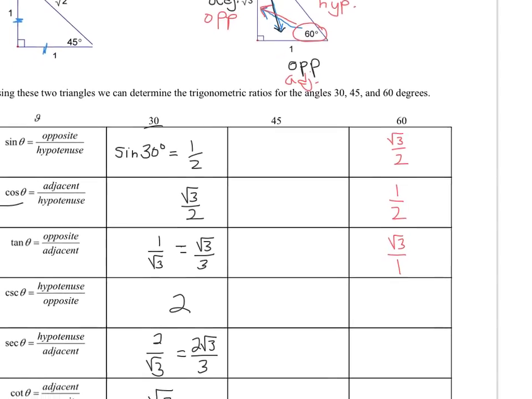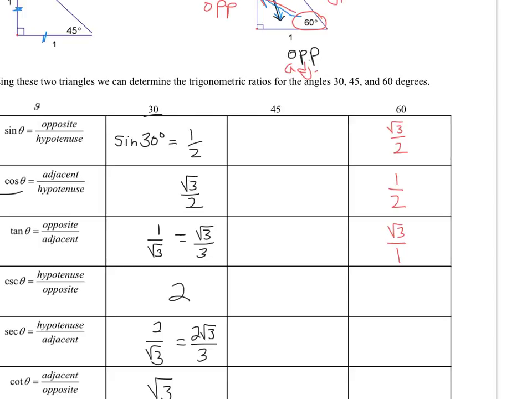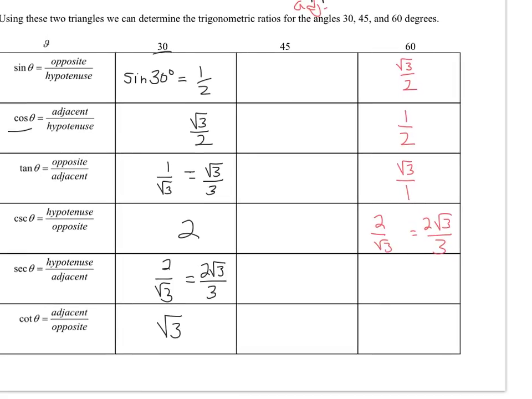And again, for the rest of these, I can just start flipping them. So for cosecant, it's 2 over square root of 3, or 2 square root of 3 over 3. For secant, it's 2 over 1. And for cotangent, you flip it, you get 1 over square root of 3, or square root of 3 over 3.